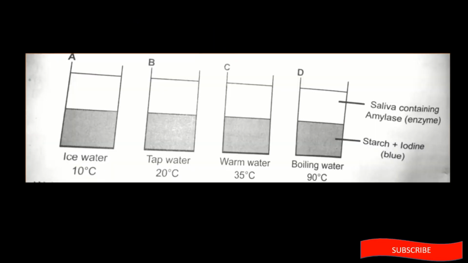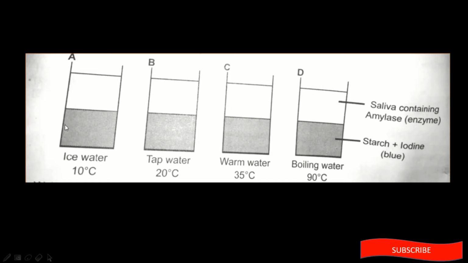All right, so in our experiment we have 4 test tubes. In our 4 test tubes we have the same content of saliva that contains amylase, and also starch plus iodine solution. The only difference is that these test tubes are subjected to different temperatures.